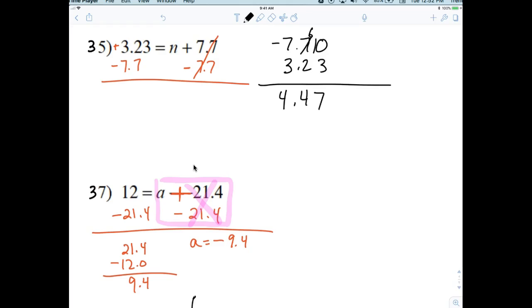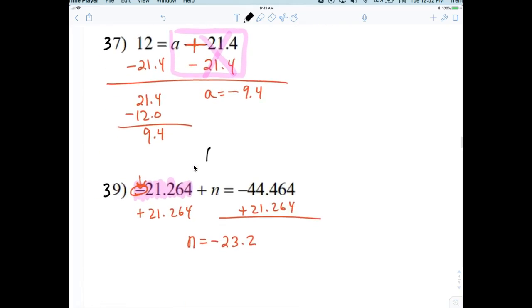Okay. Now, be careful though, because it still is what though? Negative. Yeah, negative 4.47. And that's why I try to tell kids it's better to put the negative first, especially if it's negative. Everybody good with that? All right, let's take a look at 37 now.